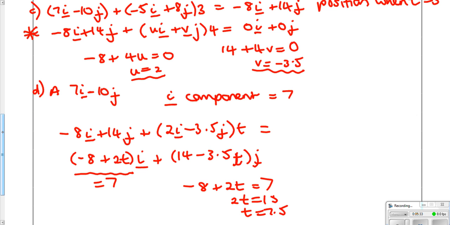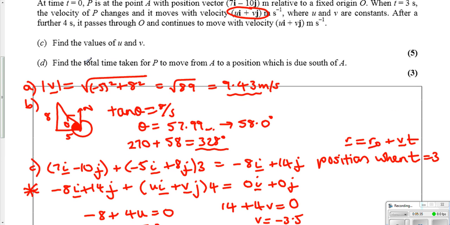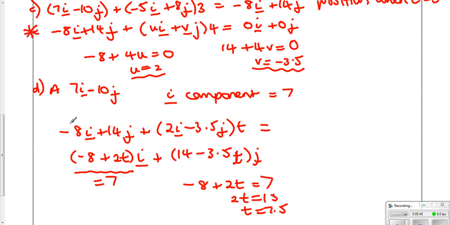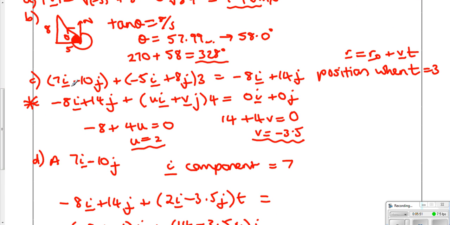Now we have to be a little bit careful, that's not quite the answer. It says find the total time for P to move from A, which was the very starting point, to a position which is due south of A. Now we know that to get to this point here took 3 seconds. And if you look back at the calculations we did earlier, it started at A, 3 seconds at the original velocity took us to this point.